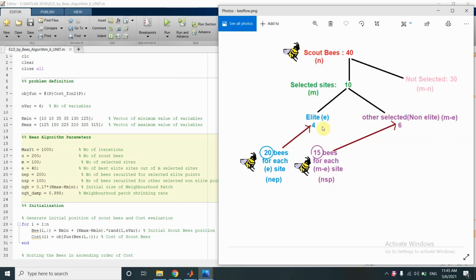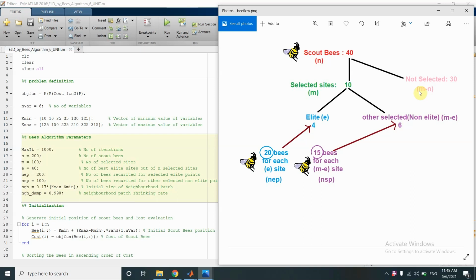Now for each of the elite sites we are sending nep bees to that site to look for food in the neighborhood of that site, and for each of the m minus e other selected non-elite sites we are sending nsp number of bees to look for food in the neighborhood of that site, and the other n minus m bees of the original population are sent in random directions to look for food.